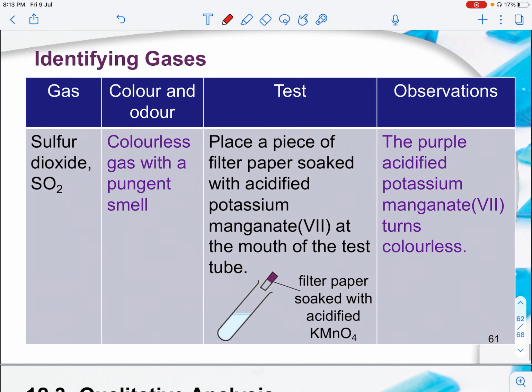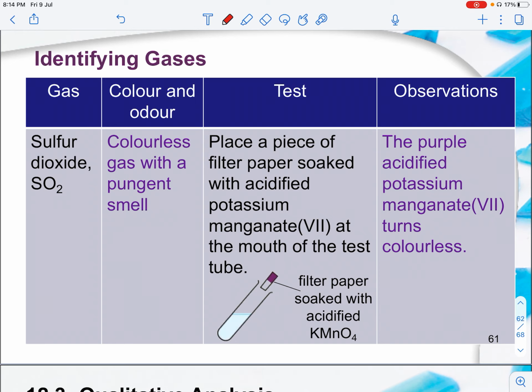Then we have sulfur dioxide, which is colorless but has a pungent smell. For this, we soak filter paper with acidified potassium manganate(VII). Do take note that this is not your litmus paper.